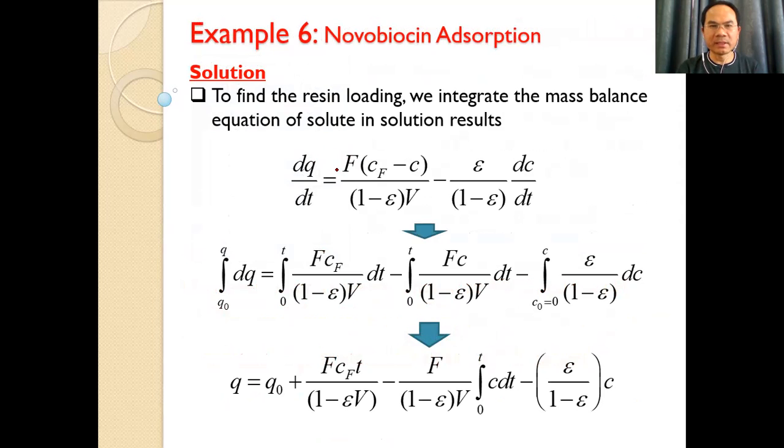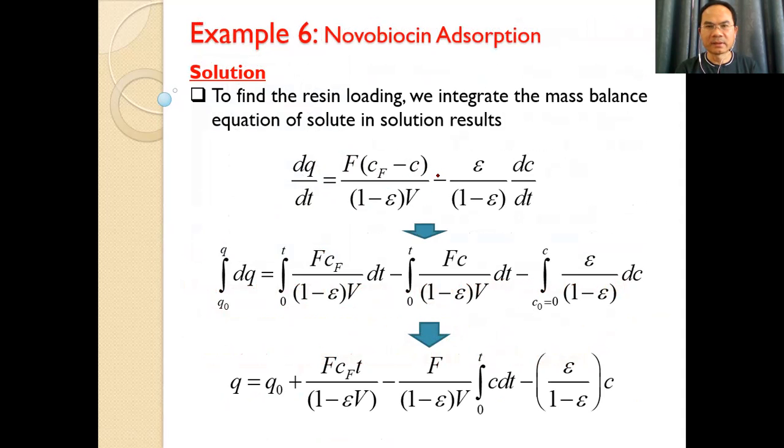We rearrange so that you can move dq and dt separately, and for that case you can cancel. dq is equal to the right-hand side times dt.